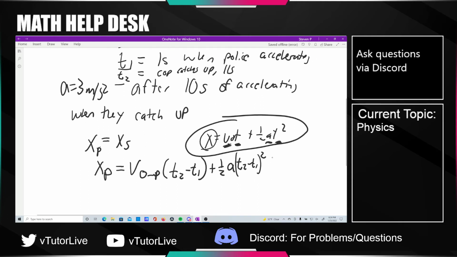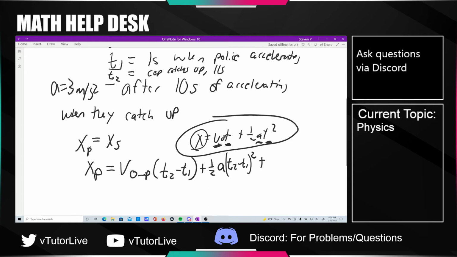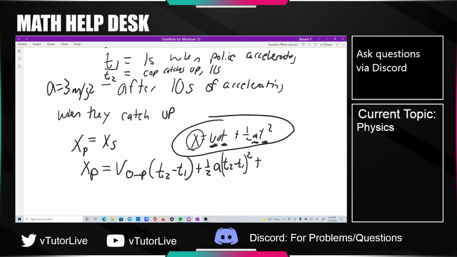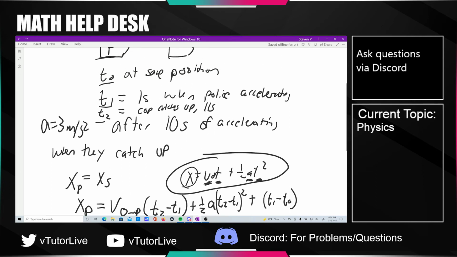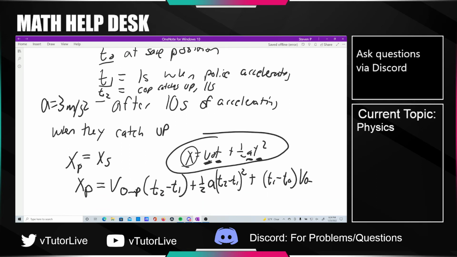But I'm also going to have to add the extra second from before the cop started accelerating, right? So that was, what was that, T1 minus T0? And that was times the cop's initial speed. I think that was just V naught P, right?